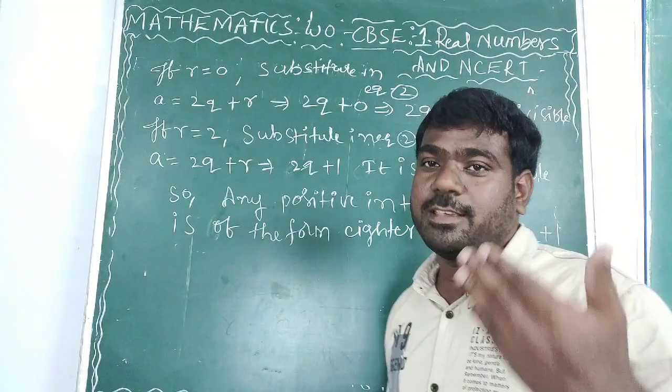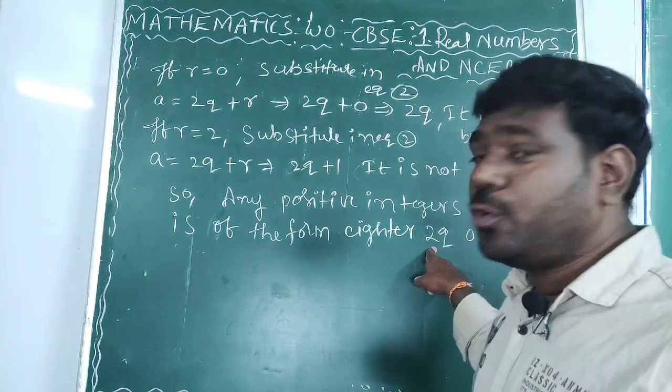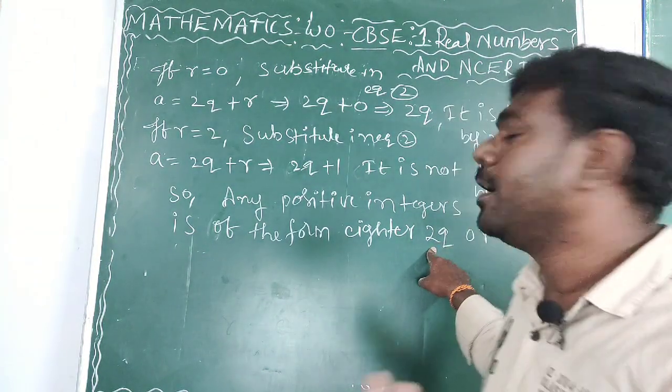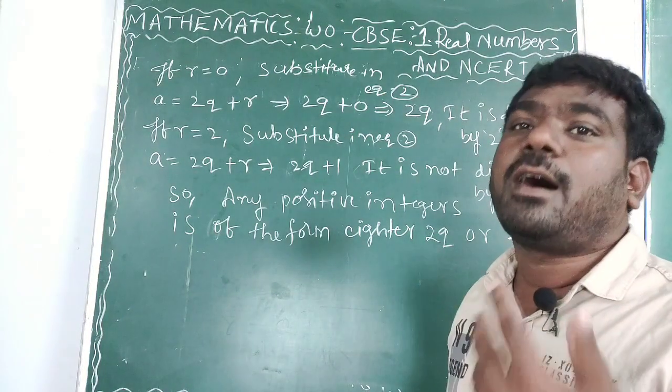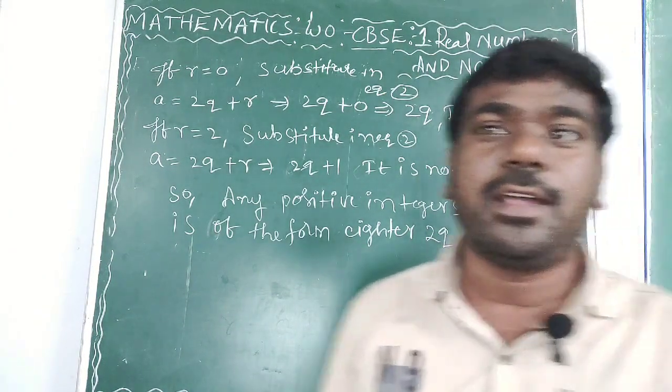Any integer is of the form either 2q, which means the even number form, or 2q plus 1, which means the odd number form.